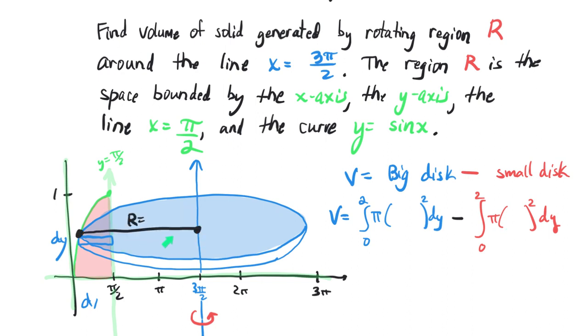For the big blue disk, the radius is this dimension, which is just a subtraction problem of this x value, the bigger x value, minus the smaller x value. The bigger x value is 3 pi over 2. The smaller x value is defined by our green curve.